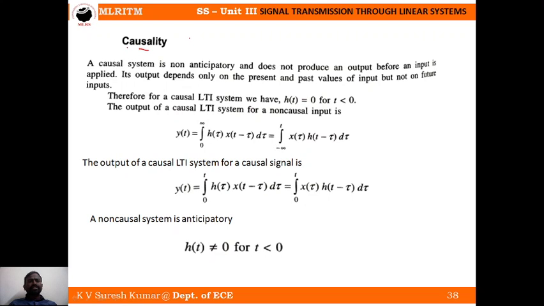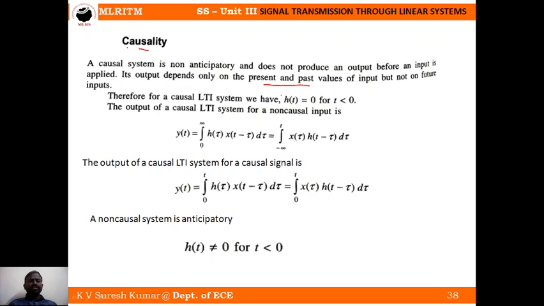All real systems are causal systems, because before giving input we will not get the output. So its output depends only on the present and past values. The present output will depend on present and past inputs, but not on future inputs.